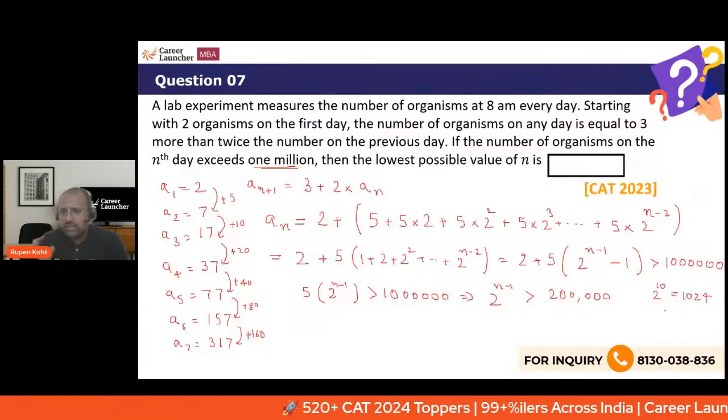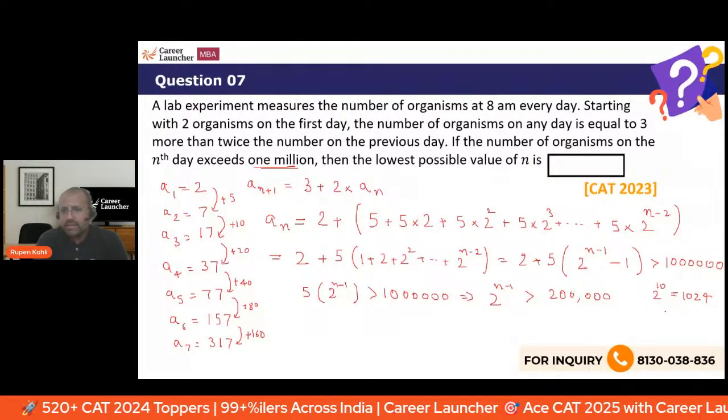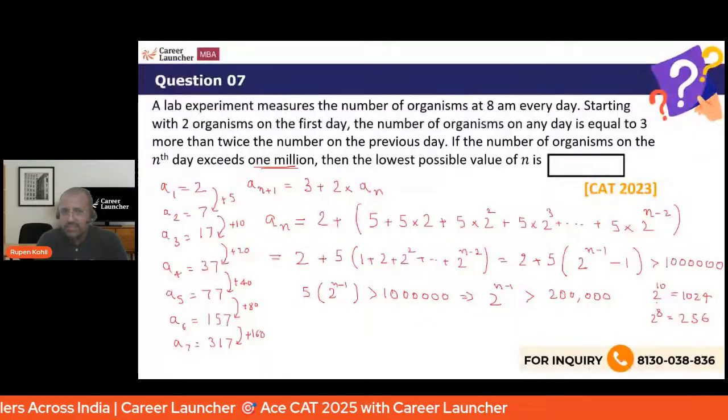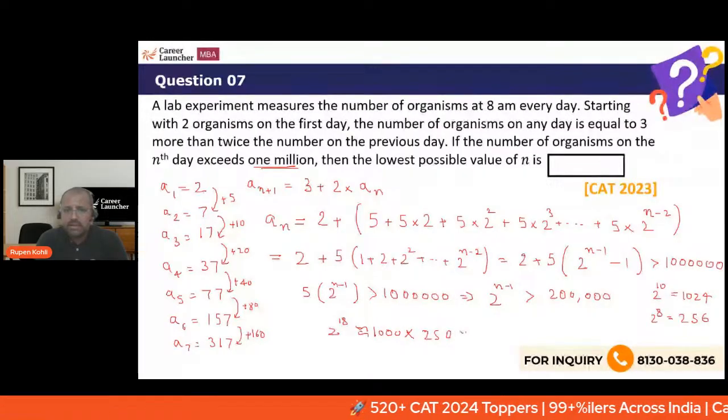2 power 10, that is 1000, into some power of 2 is nearly 200. So 2 power 8 is 256. That would work. So 2 power 18, which is 1024, almost nearly 1000, times nearly 250, is nearly your 250,000. It has crossed the mark.